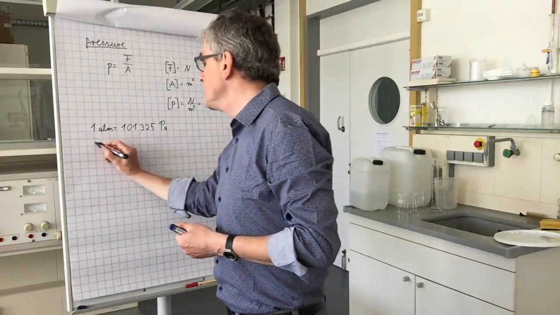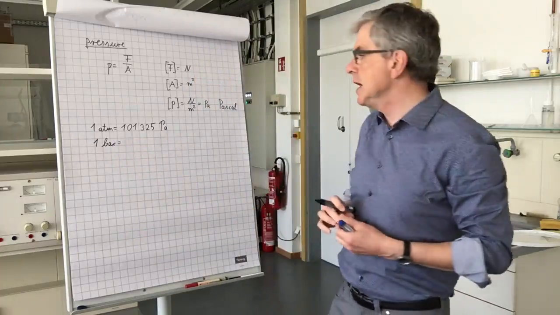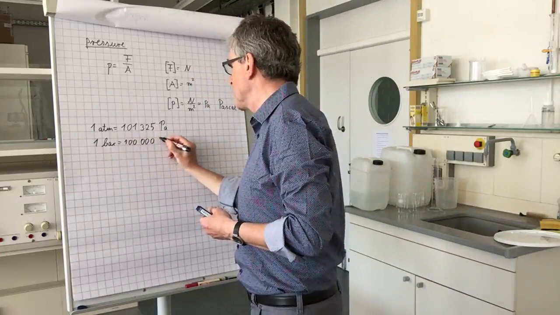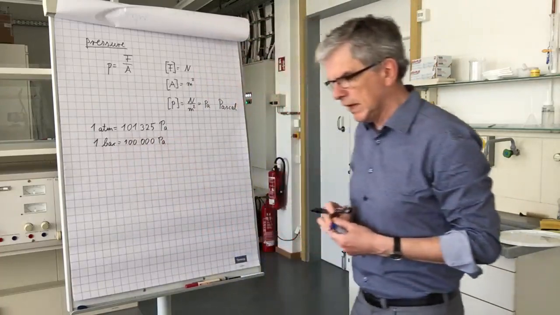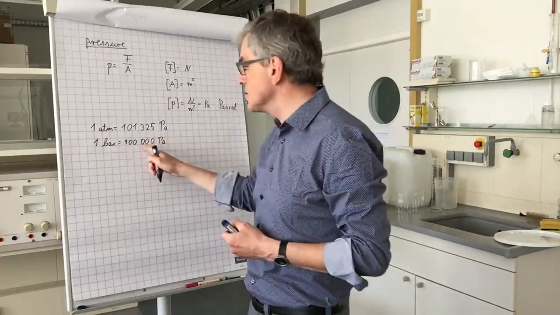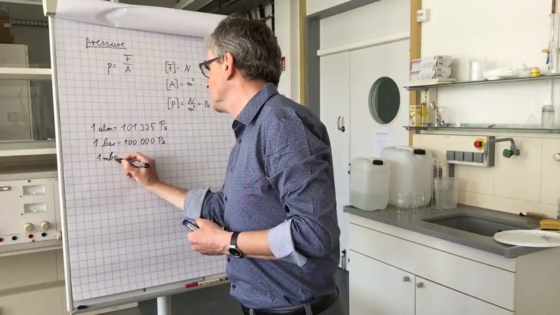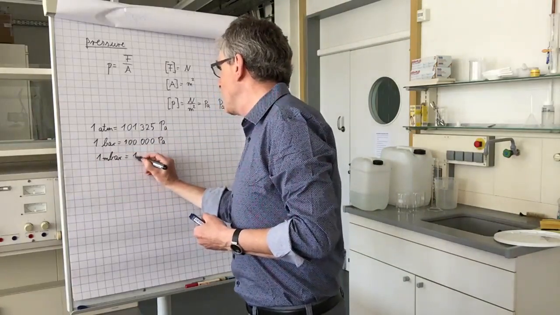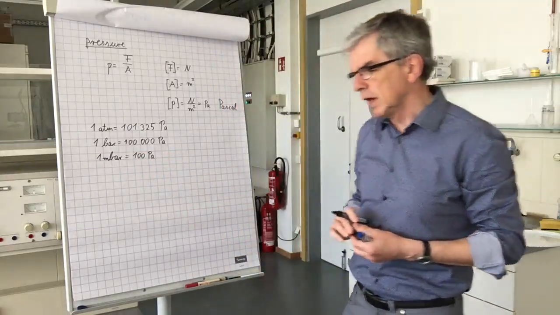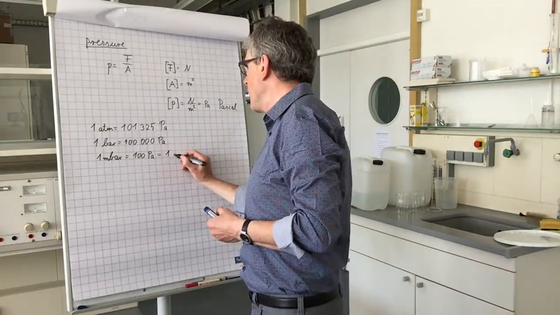Or as an alternative unit, we oftentimes use the bar. And the bar is 100,000 Pascal. And therefore we can also write that 1 millibar, which is a thousandth of this, is 100 Pascal. And for 100 Pascal, we also say typically 1 hectopascal.